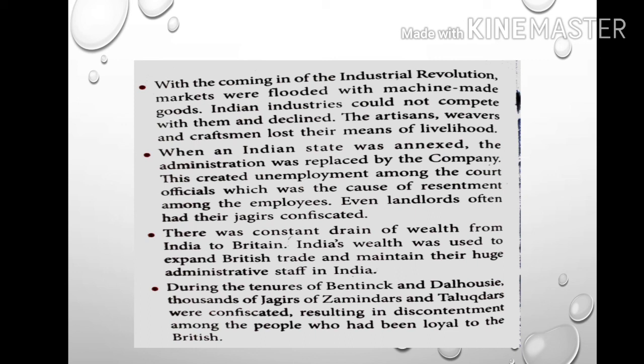So they confiscated the jagirs of zamindars and talukdars. So these rich people became enemies of British rule.